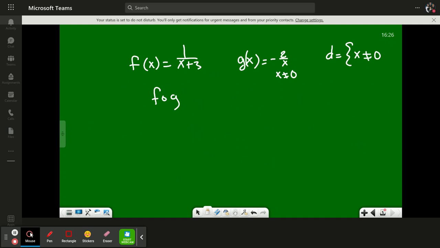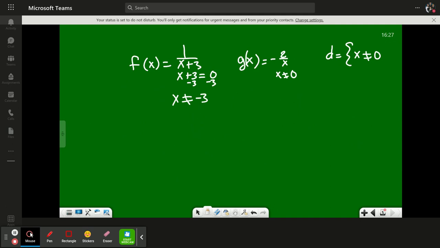Right? But now, what about this guy? I would write x plus 3 equals 0 and subtract that 3 from both sides. So this would be x cannot equal negative 3.